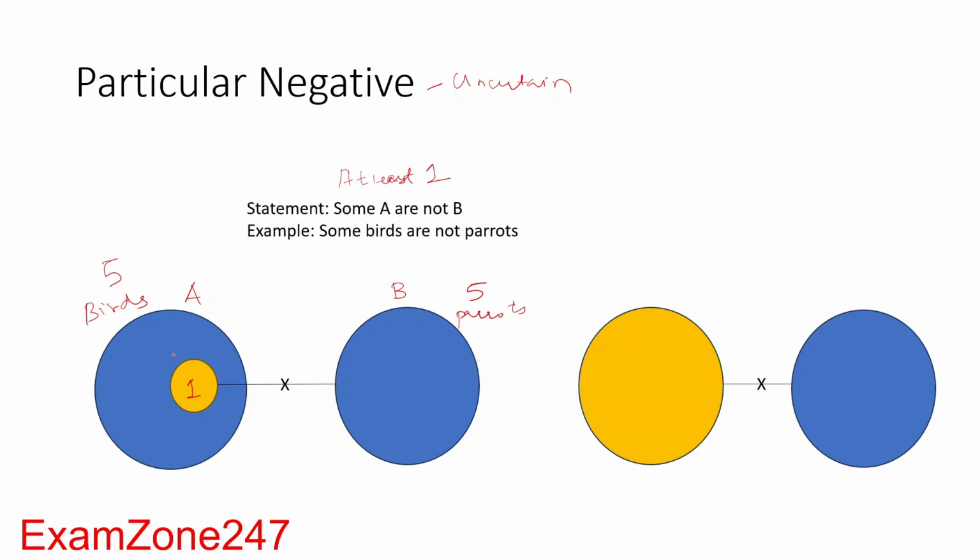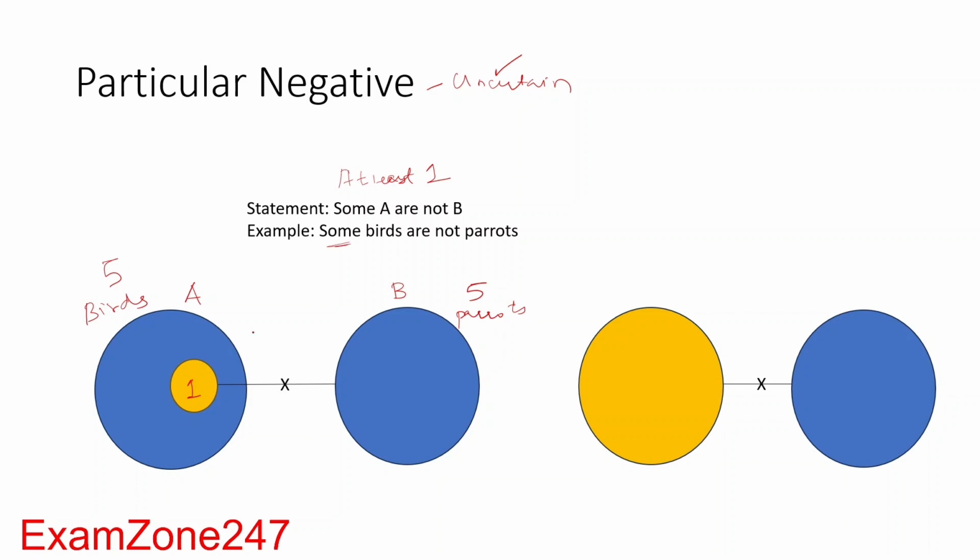Now, does this mean that the remaining 4 birds are parrots? What will you say? I don't know, I can't say. That means you are uncertain. But you know one thing for sure, that at least one bird is not a parrot. That much you know. And as I told you previously, this some is nowhere defined.